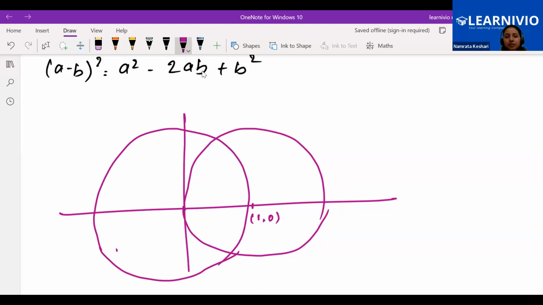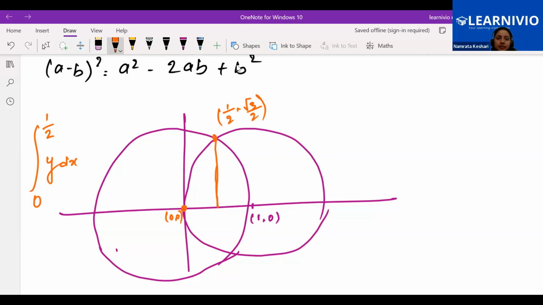You can find this area first from x equals 0 to x equals 1 by 2, where y is plus root 3 by 2. Whatever y is there, we will take the integral from 0 to 1 by 2 of y dx.